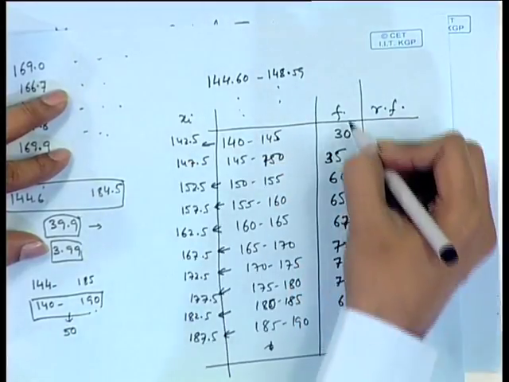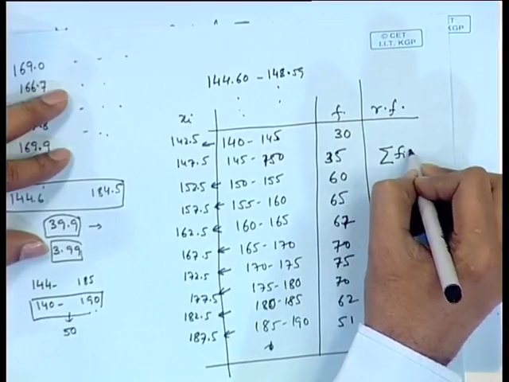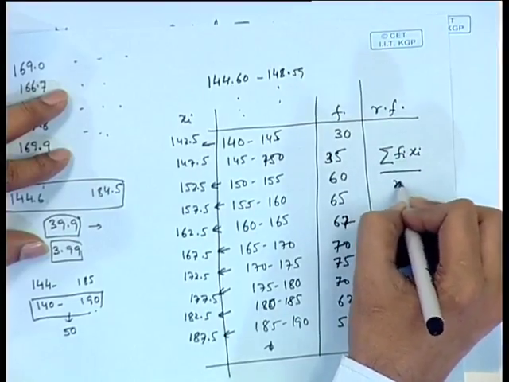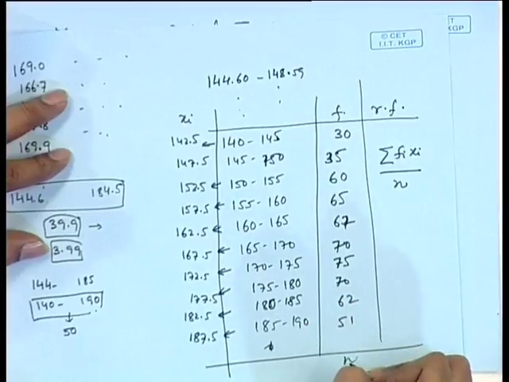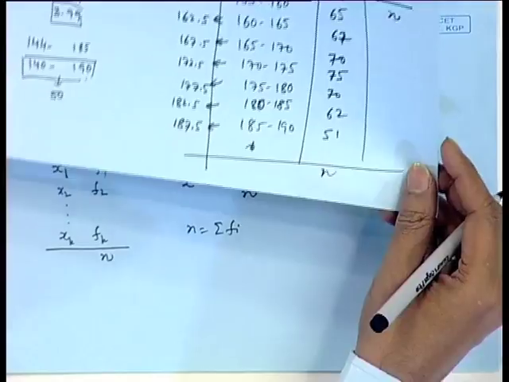So, if these are the x i values and these are the f i values, then again we can make use of the formula sigma f i x i divided by n, where n is the total frequency here. So, this is the formula for the arithmetic mean.